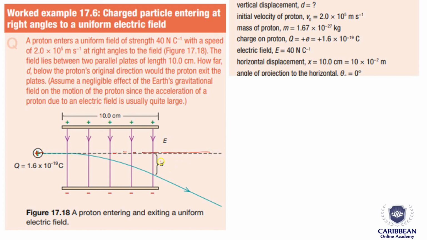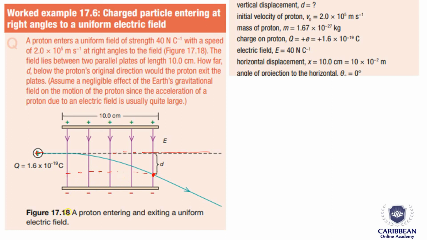So they want us to find the distance: how far below the original line would the proton exit the plate, which is right here. So if it exits the plate right here, then we are looking at a projectile motion scenario, right? We're looking at a projectile motion scenario.